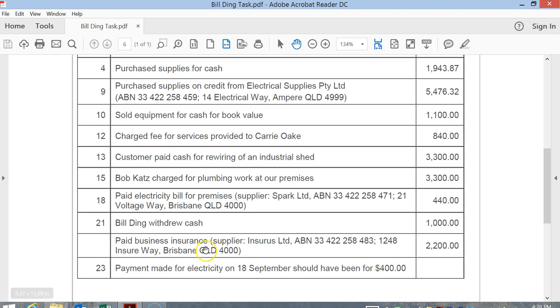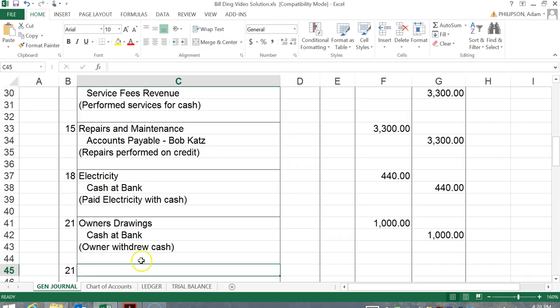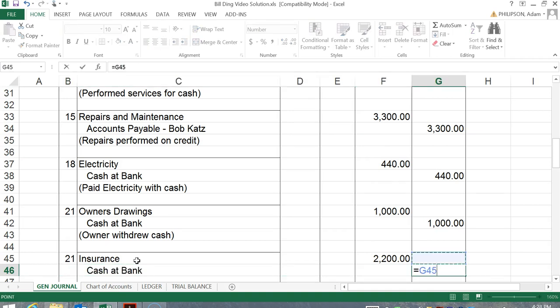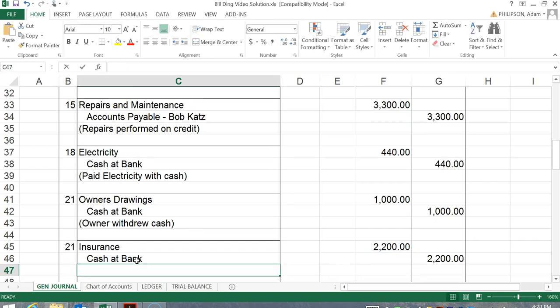So therefore, that will be our credit. So debit insurance, credit cash at bank. 2,200. Paid insurance cash.